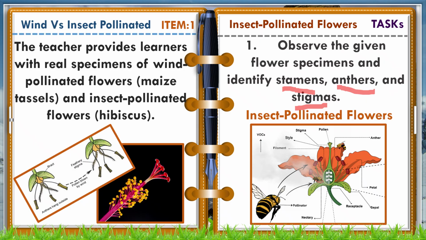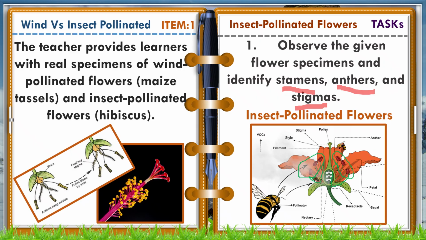Here we have the filaments and the anther heads. All these ones here are the anther heads. The anther heads and their filaments form what we call the stamen.